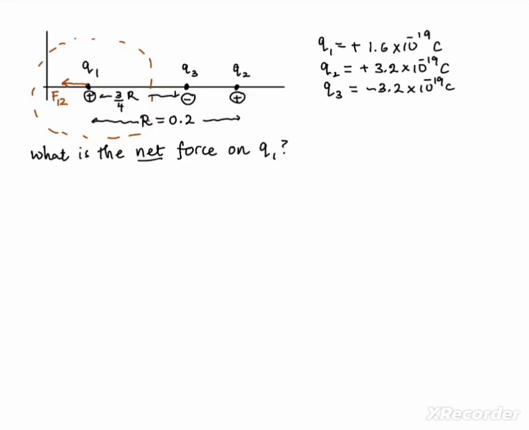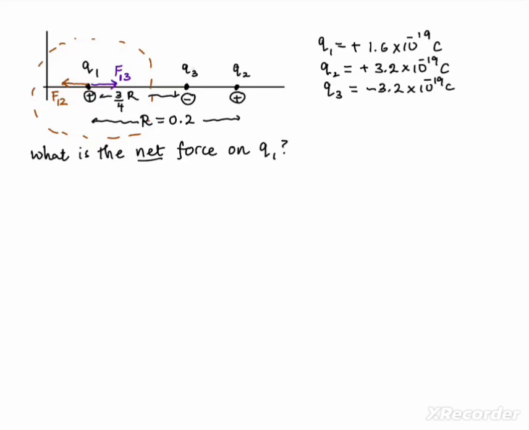Likewise, we have Q1 and Q3. Q1 is positive, Q3 is negative, which means they attract each other. So at Q1, the arrow goes to the right towards Q3, and that is our force F13, on 1 because of 3.